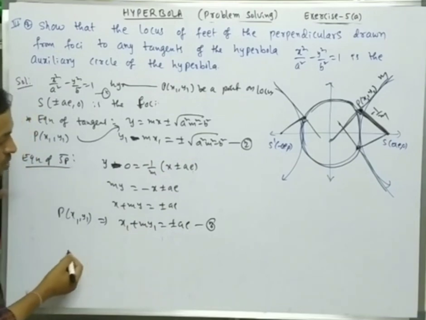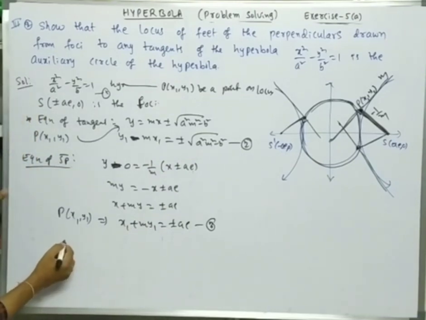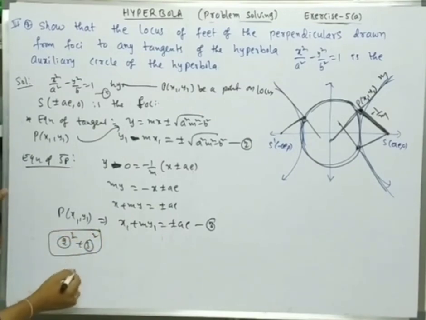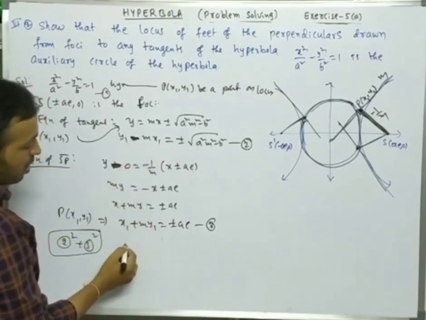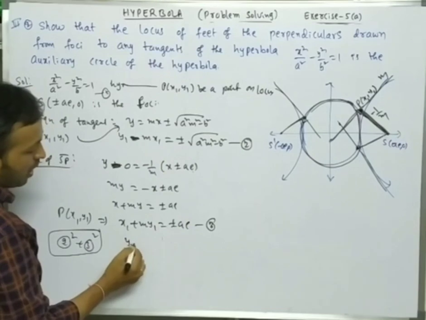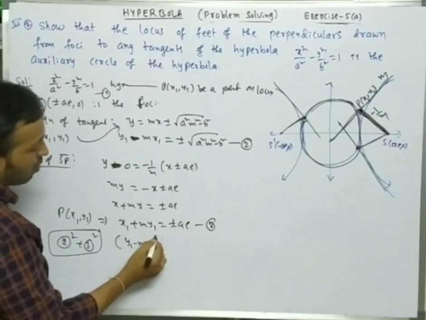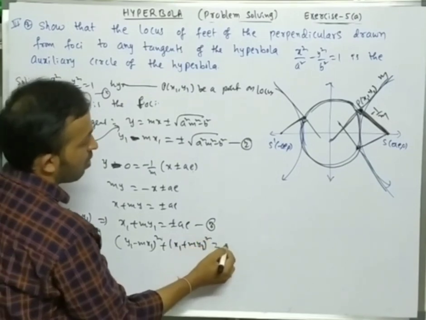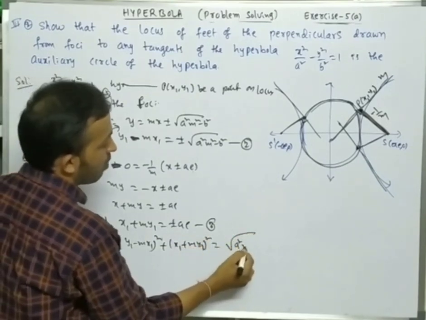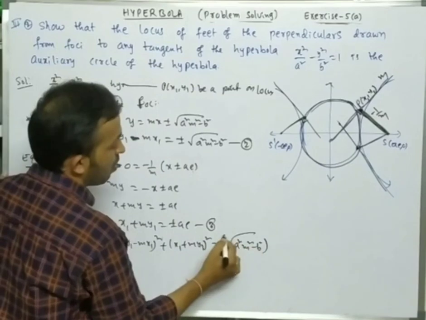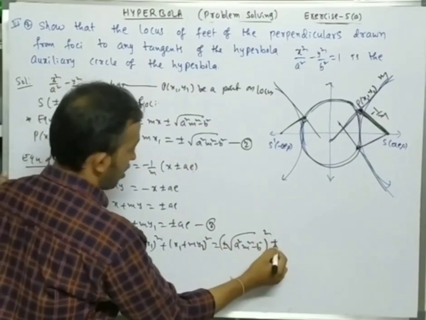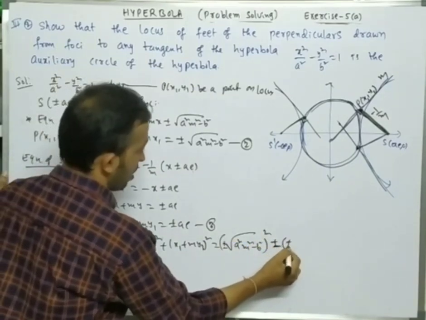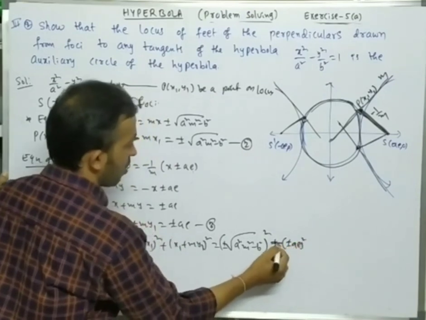So solve these two, you will get the required locus. Important instruction: do 2 square plus 3 square. 2 square means squaring. (y1 minus mx1) whole square plus (x1 plus my1) whole square is equal to (a square m square minus b square) whole square plus or minus ae whole square.